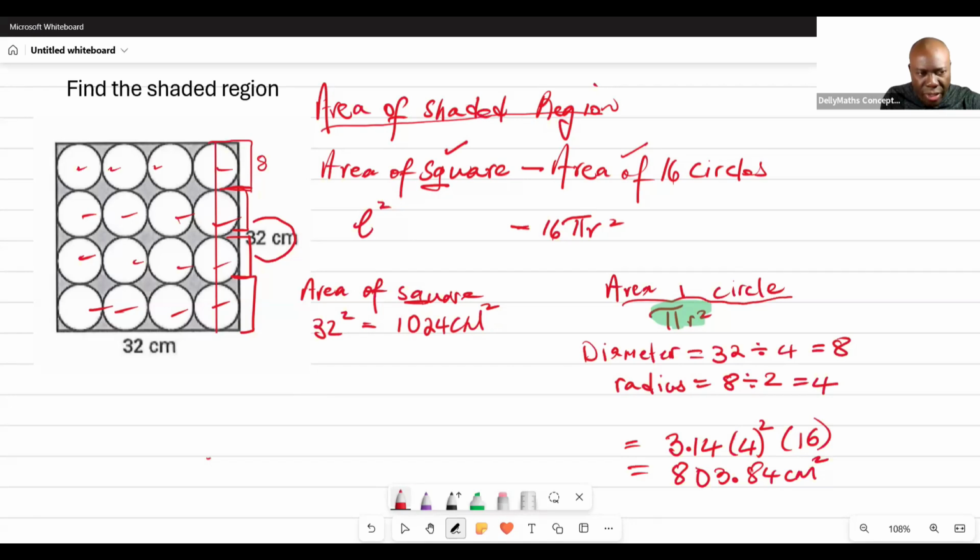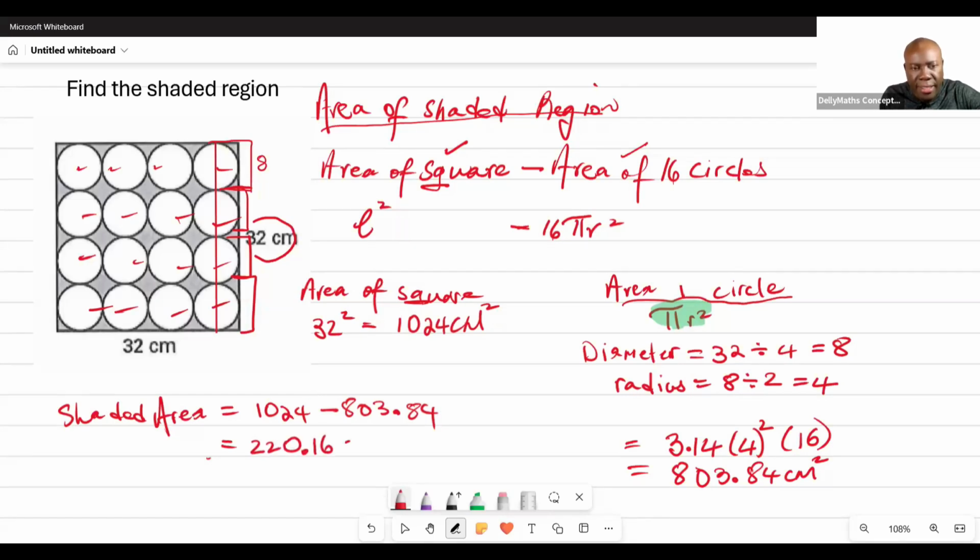So this shaded area is equal to 1024, and we're going to subtract 803.84. Let's do that. 220.16, and that is square centimeters. So that's the area of the shaded portion in that question.